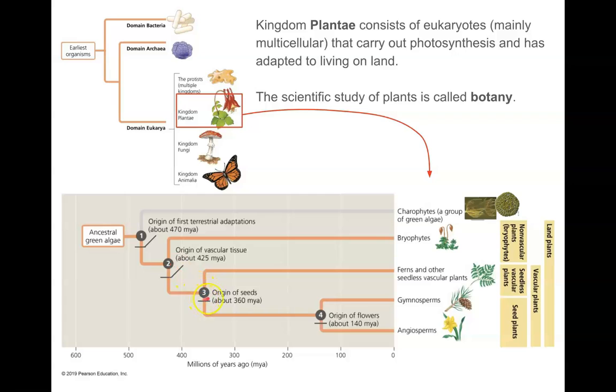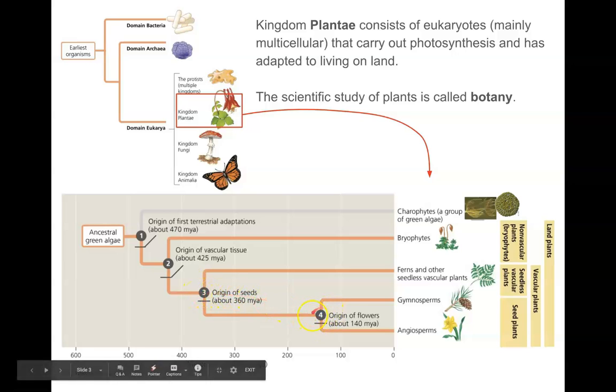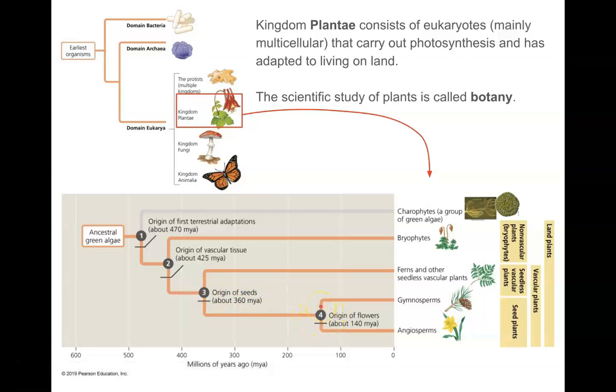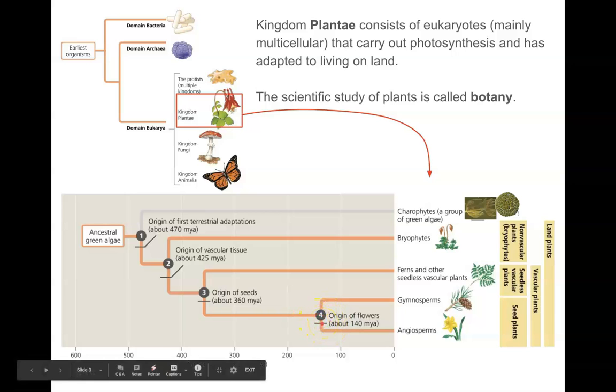Seeds are going to help with reproductive events. Next up, we're going to have the origin of flowers. Many years later, we see that beautiful adaptation that's also going to help with pollination and reproductive events of these beautiful angiosperms that we're going to discuss.